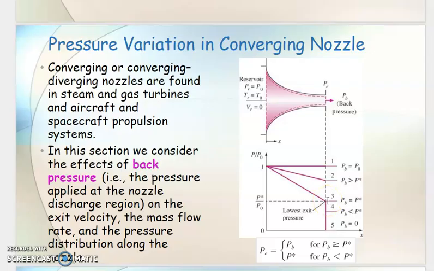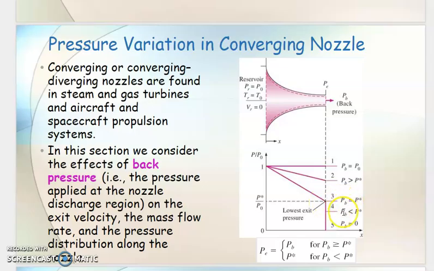Why? Because for a converging nozzle, the maximum Mach number equals 1. So this is the lowest exit pressure. PB equals P star, the critical condition. This one is clear, right?